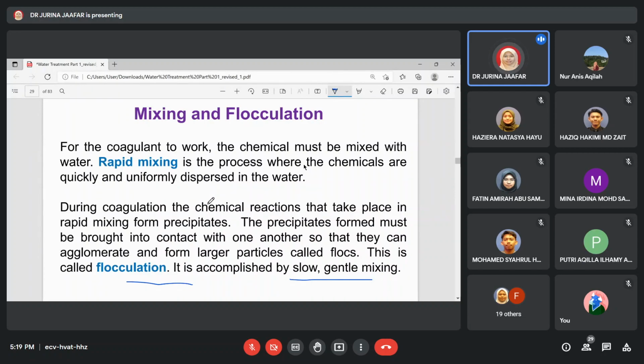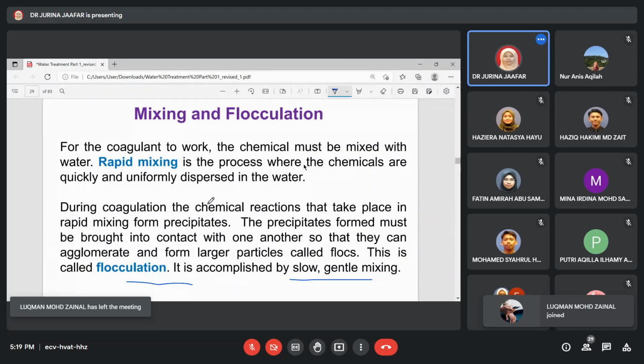So dalam proses itu pada mulanya kita akan ada very high in term of mixing process, we call a rapid mix, and then followed by flocculation process yang kita namakan sebagai slow and gentle mixing. Okay, get these two first.